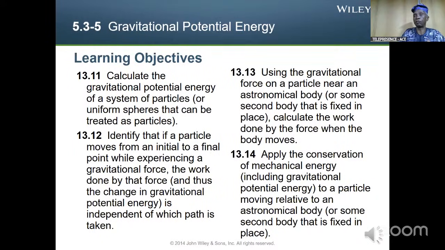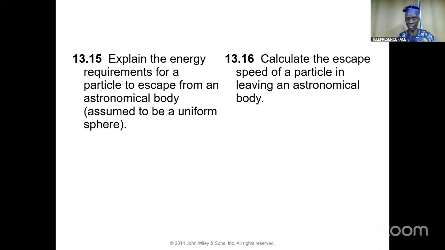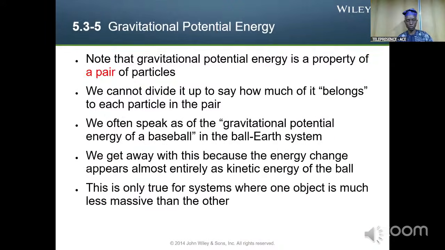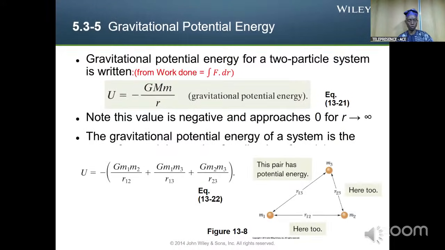So the work you do is, of course, F dot R. And if the F is varying, you integrate F dot dr, which of course is FR cos theta integrated all over the place. The bottom line is this: if you assume the gravitational force is constant, you will get this simple equation.